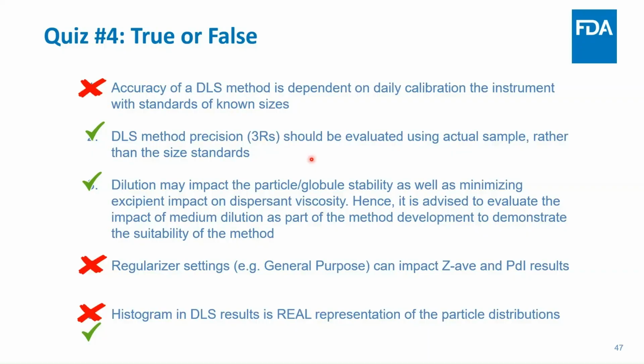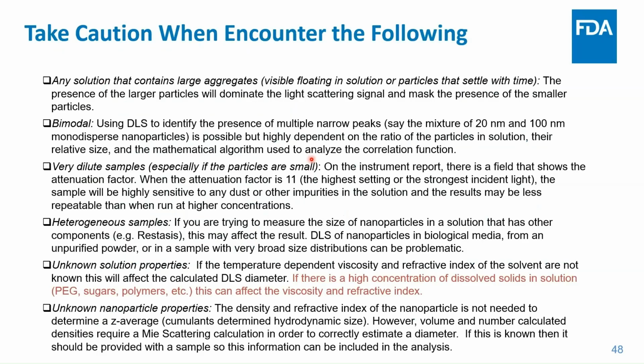And then these last couple, I'm just going to skip through. These are more for your reference in the future, but basically any number of solutions that contain large aggregates, those are going to dominate the light scattering signal. When you have a bimodal distribution, depending on how different they are, it might be very hard to resolve those, and so you might want to use a different analysis like the multiple narrow peaks fit.